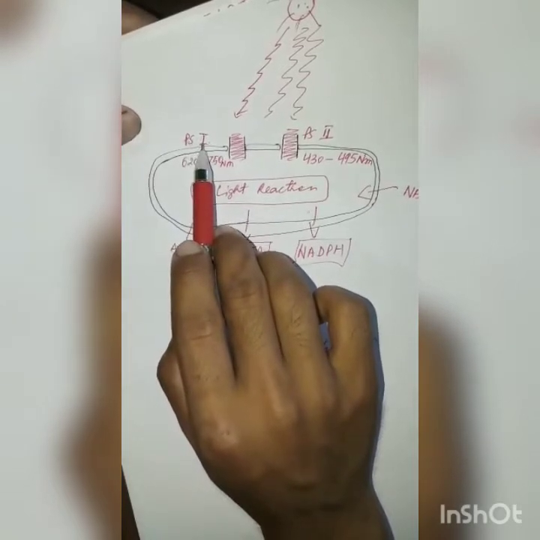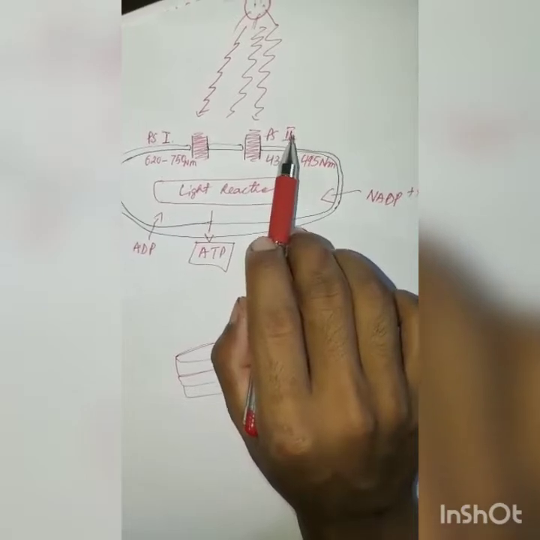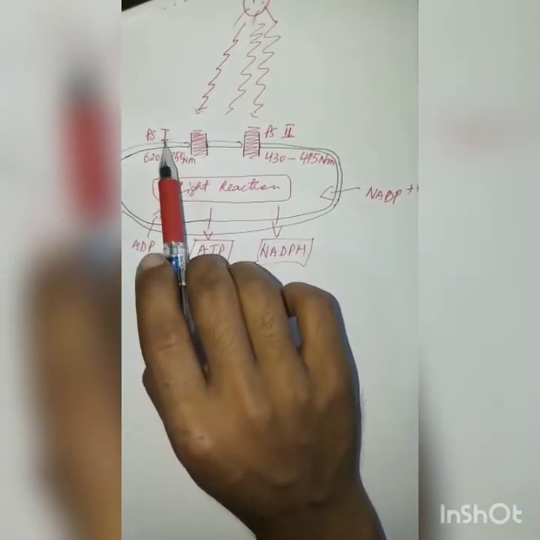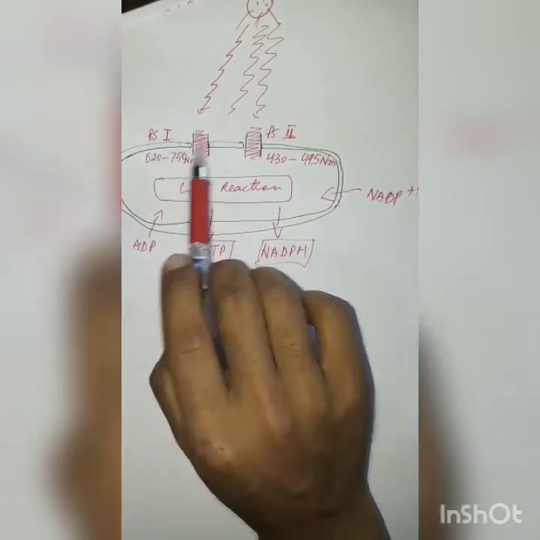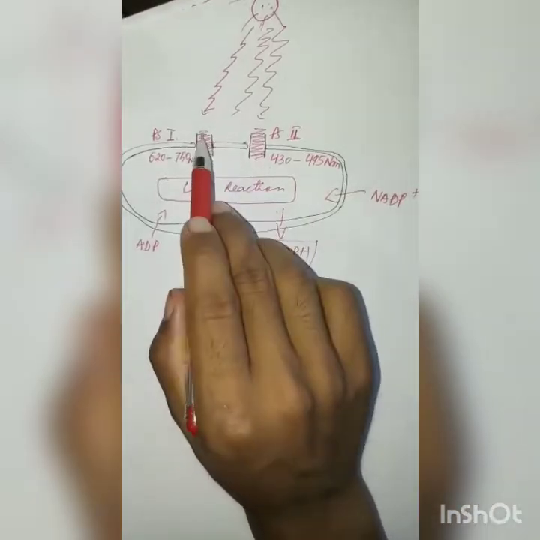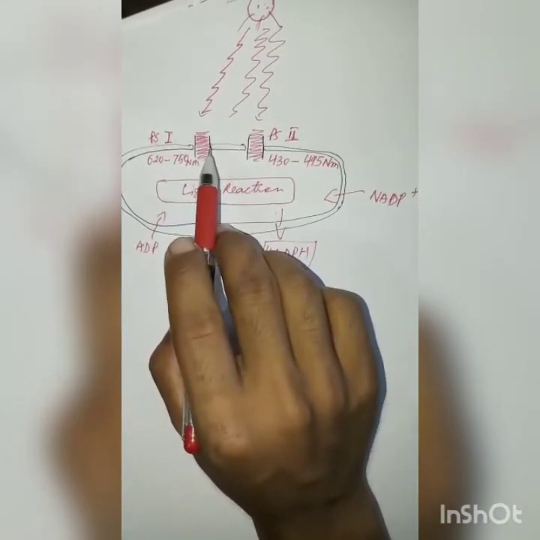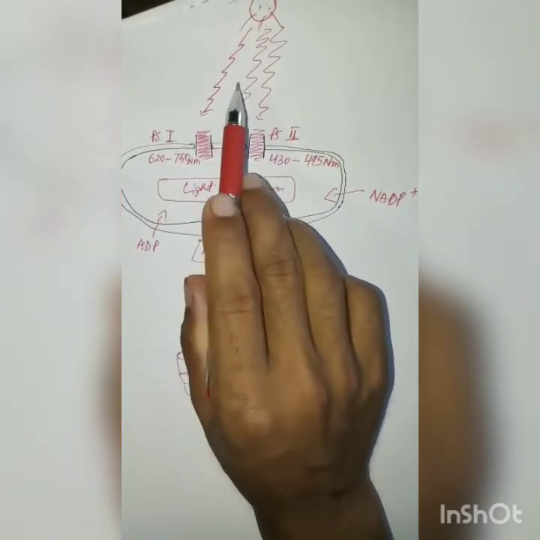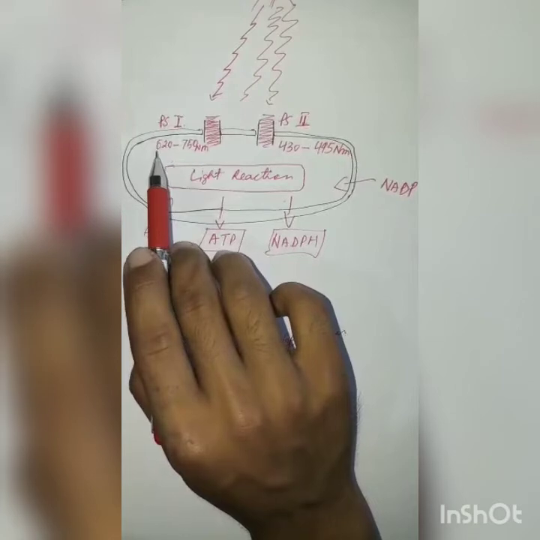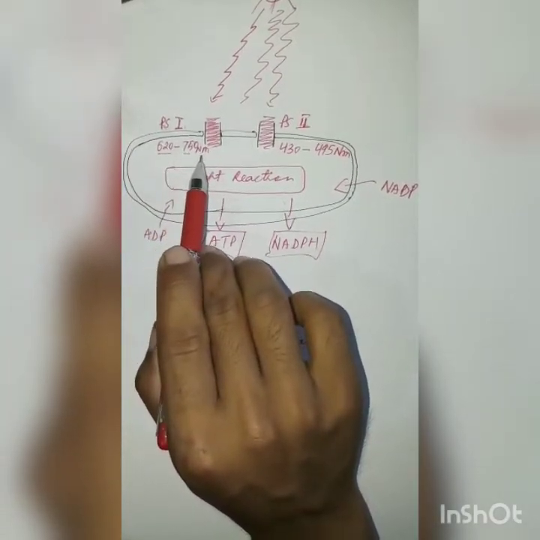PS1 means photosystem 1, and PS2 is photosystem 2. Why do we name them PS1 and PS2? Because PS1 was discovered first, then PS2 later on. Here is the light antenna, which acts as a receiver for the photons. Now this PS1 absorbs light with a wavelength range between 620 to 750 nanometers.